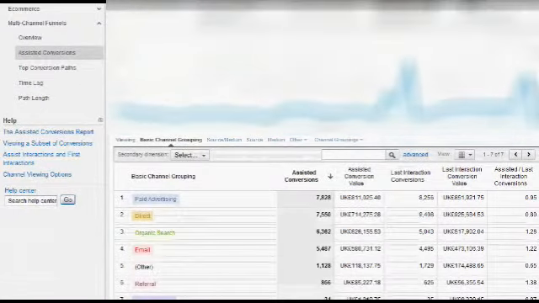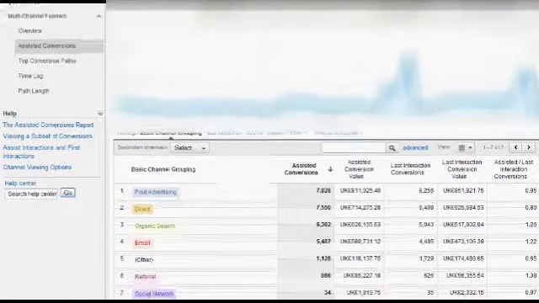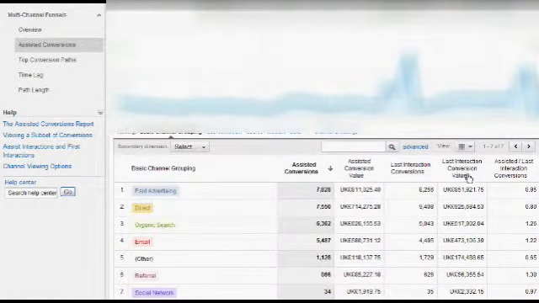To give you a recap, we have a number of figures here, some of which will be familiar to us. The last interaction conversion value is essentially the transaction value. This is the financial value you are used to seeing in Google Analytics. But we now also have the assisted conversion value.